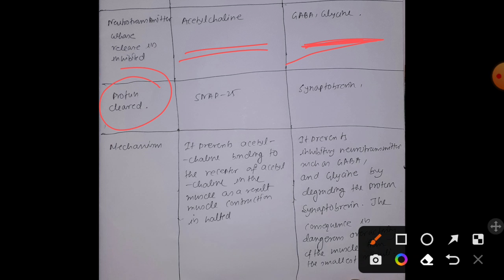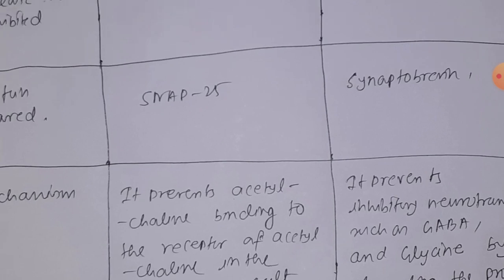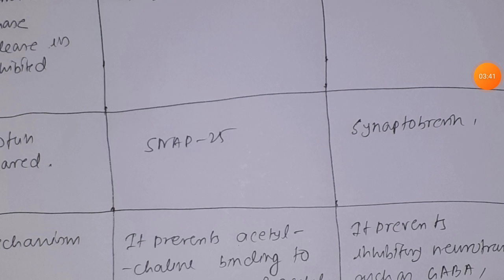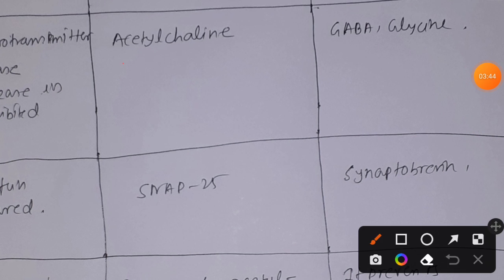Now the protein cleaved is important, because the release of acetylcholine from the axon terminal depends on the interaction between synaptobrevin and syntaxin. If you do not know the mechanism of botulism toxin and tetanus toxin, I prefer you to watch the separate videos available on my YouTube channel for both.